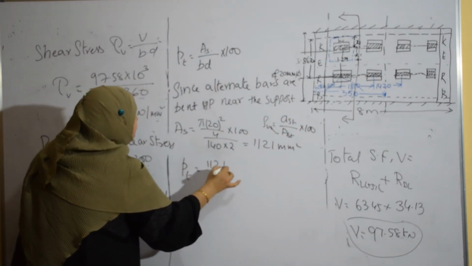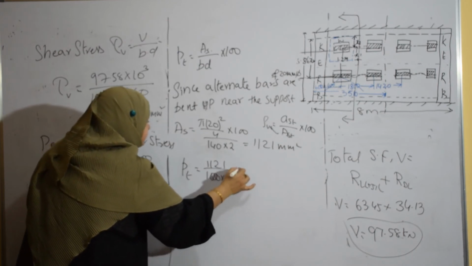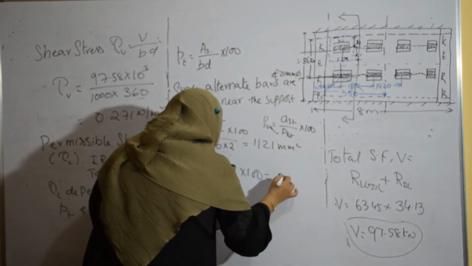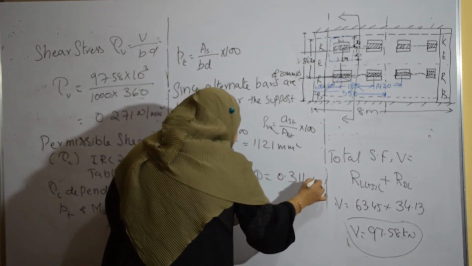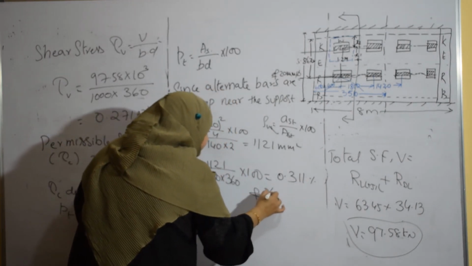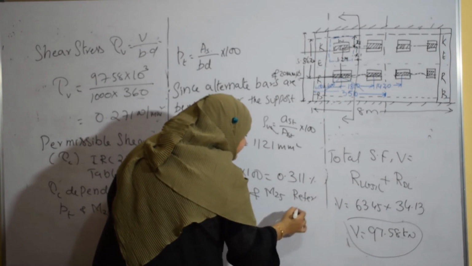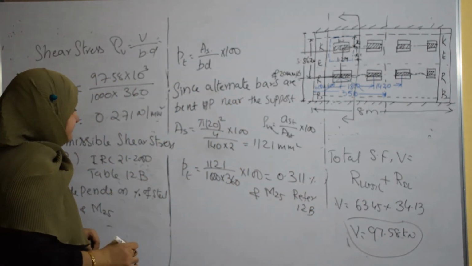With this steel, I'll calculate the percentage quickly. 1121 by 1000 into 360 into 100 comes out as 0.311 percent, and our grade of concrete is M25. Now you have to refer to table 12 of IRC 21. There are tables 12, 12A, 12B giving different values.